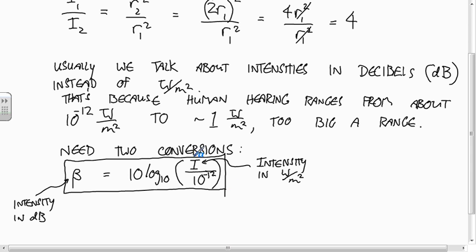So this is the conversion you would use if you knew the intensity in watts per meter squared and you wanted to express it in decibels. And the other conversion says the intensity in watts per meter squared is equal to 10 to the power of beta over 10, minus 12.